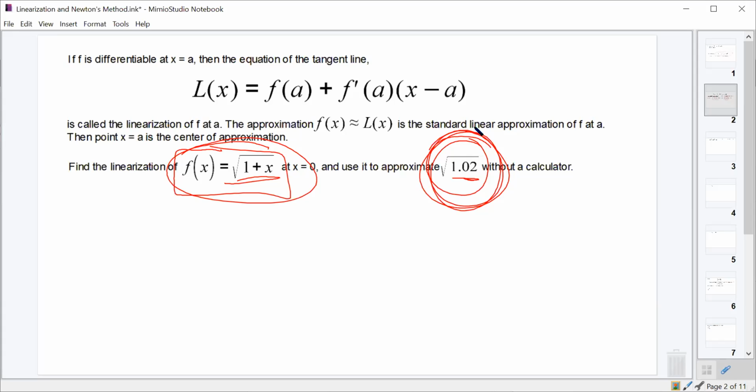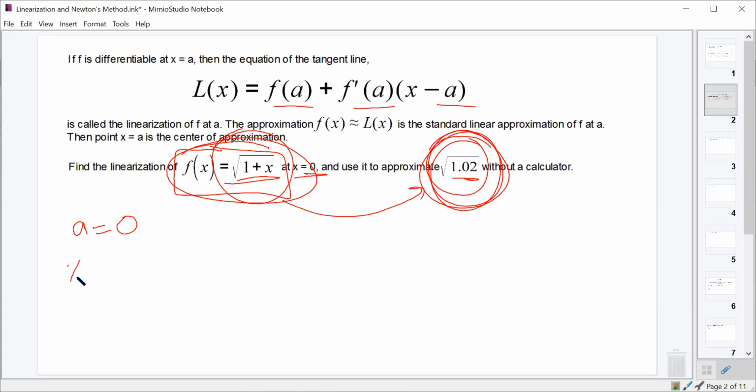Yeah, 0. So that's why we've written x equals 0 here. So that value that we choose that can be plugged into this function to give us something very close to this is called our center of approximation. And we represent that using the a, and that's the a up here. So we're going to say a is equal to 0, right? A is equal to 0.